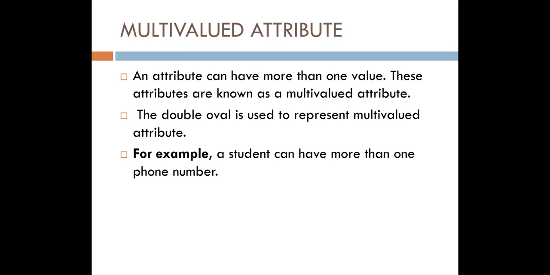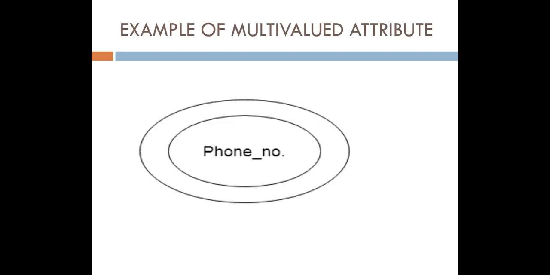Next we will discuss the multi-valued attribute. An attribute that has more than one value can be represented as a multi-valued attribute. A multi-valued attribute is represented by a double oval shape. For example, phone number can be a multi-valued attribute, because one student can have more than one phone number.